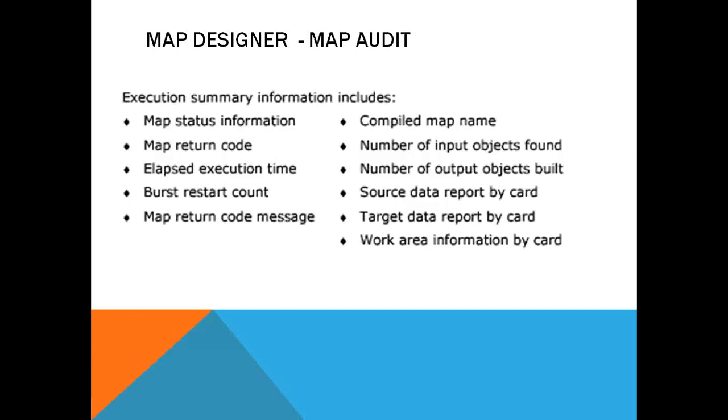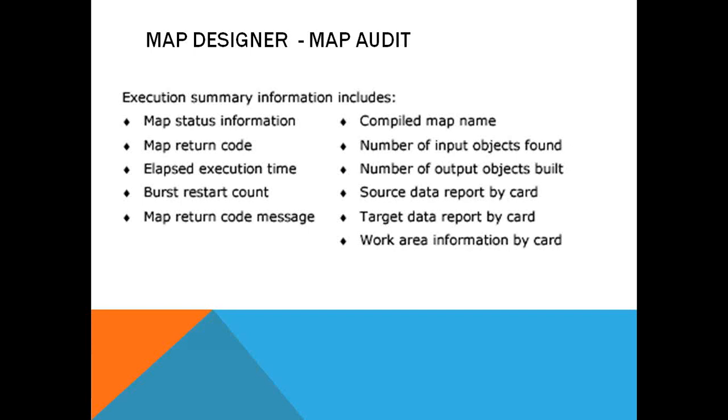So this is basically map audit. In the map settings, we saw only map trace yesterday. Trace is for when there is any problem. There is one more option, which is map audit. Basically, the audit log will have all this information.